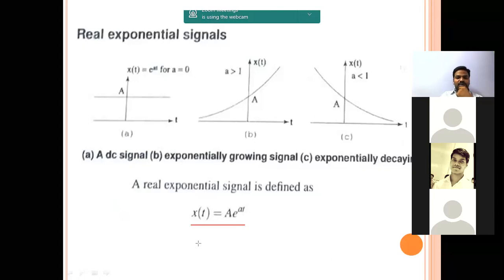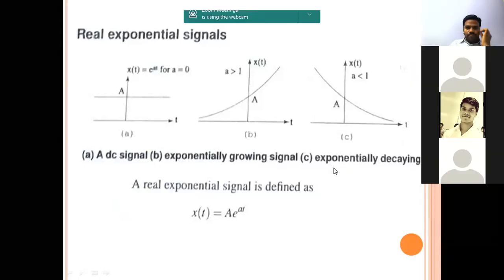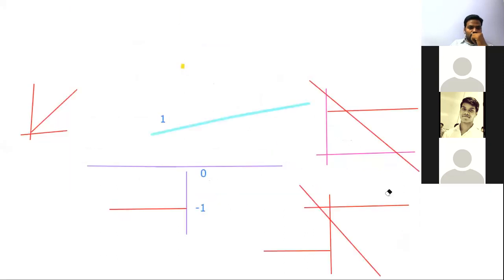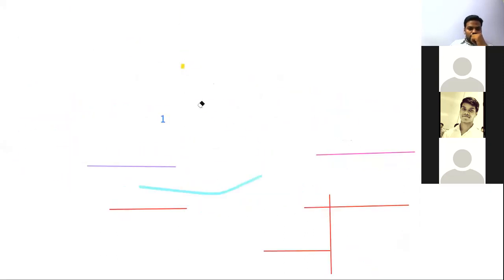See, exponential signal is, now I'm going to share my whiteboard also. Please look at this. Now with this we are going to complete our types of signals.